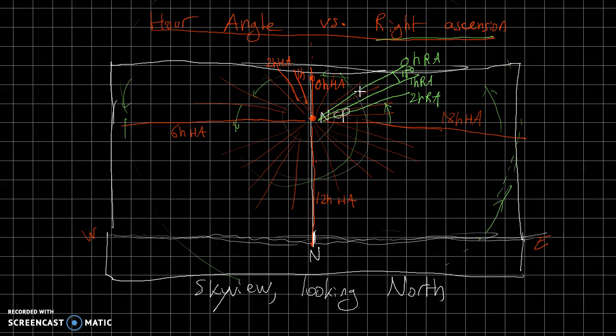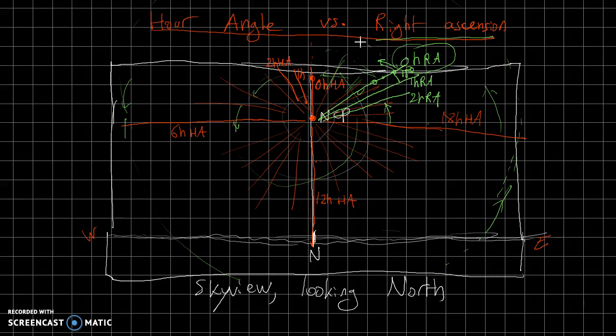And the lines that correspond to the different hours of right ascension don't even have to line up with the hour angle, because they are constantly turning. And at one point they will line up, and then they will move on and line up with the next one and move on. So this 0 hour right ascension point, well, you can imagine a bunch of stars here all rotating from east to west.